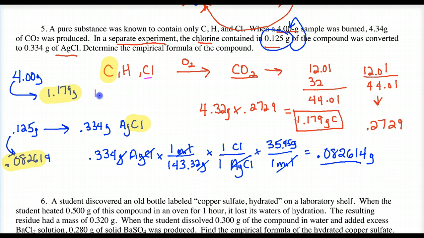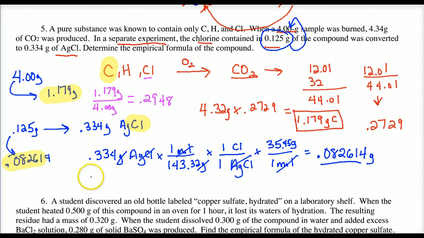So I'm going to take my 1.179 grams over the 4.00 grams, and I'm not going to times it by 100 because we're big boys and girls. 1.179 divided by 4, and I get 0.2948. That's out of 1, of course.